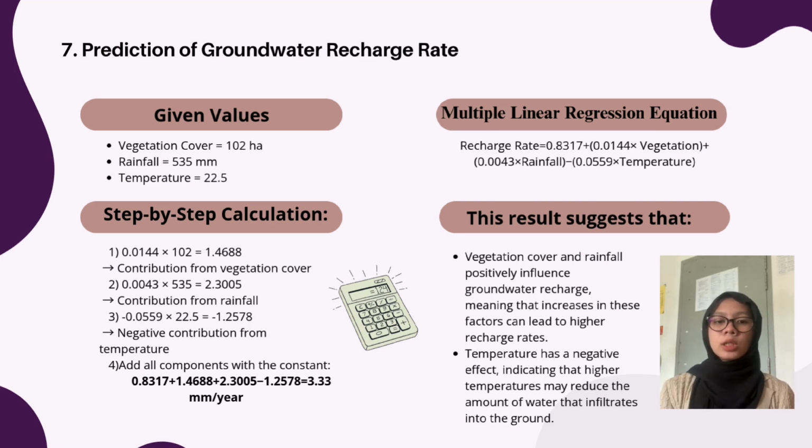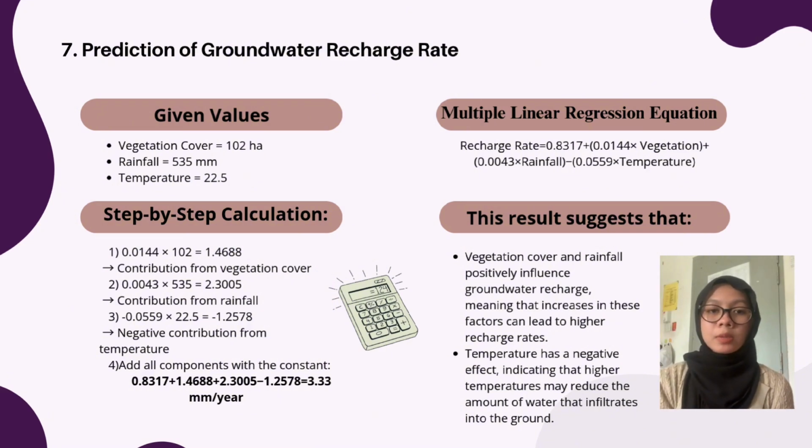The regression equation is recharge rate equals 0.8317 plus 0.0144 multiplied by vegetation plus 0.0043 multiplied by rainfall minus 0.0557559 multiplied by temperature.